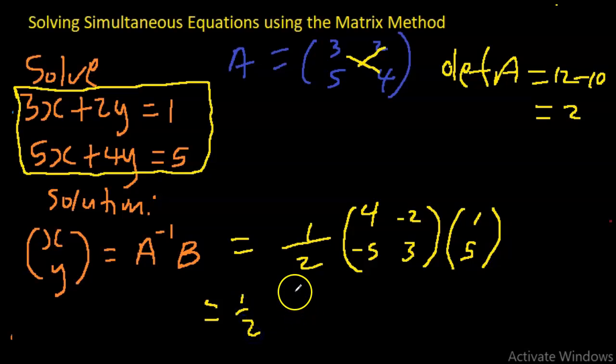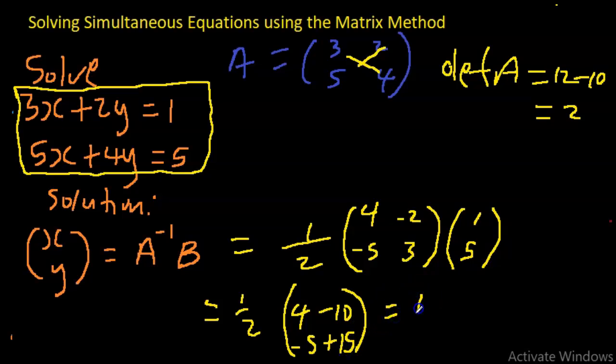And then we do our solution here now. So we have a half. Let's keep the half outside for now. Let's multiply, row by column. So 4 times 1, 4, plus minus 2 times 5, that's minus 10. So it's 4 minus 10. We do the next row. Negative 5 times 1, that's negative 5, plus 3 times 5, that's 15.